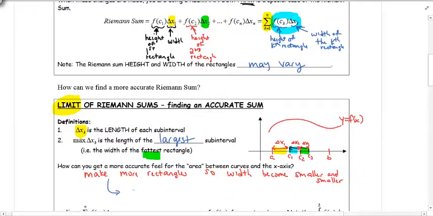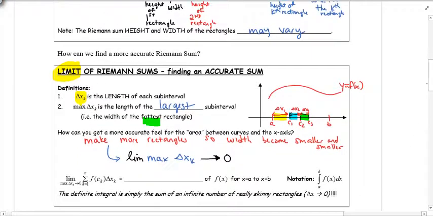Now, to make the width smaller and smaller, what does that actually mean? It means that the maximum value of the delta x sub k should what? How small can you go? If you said maybe the limit of this should go towards almost 0, you are definitely correct.